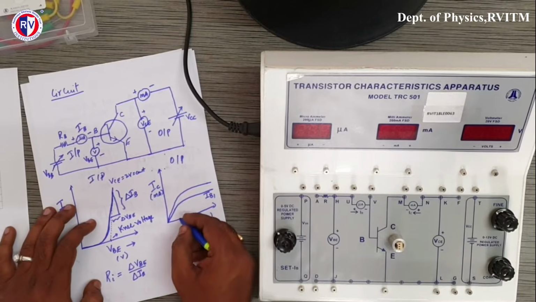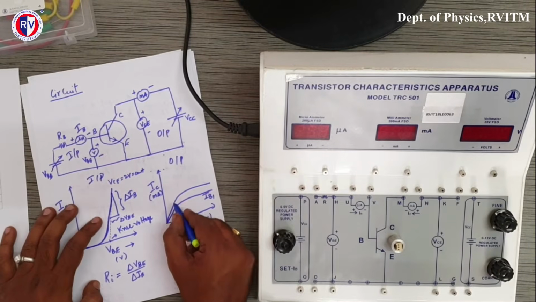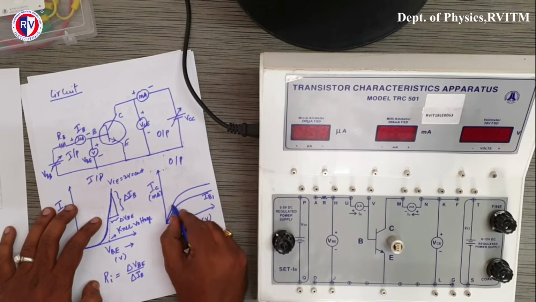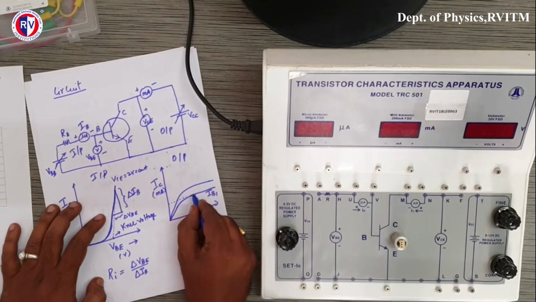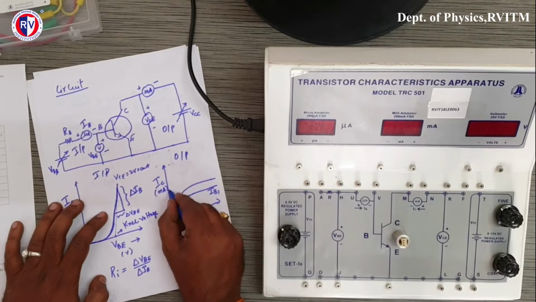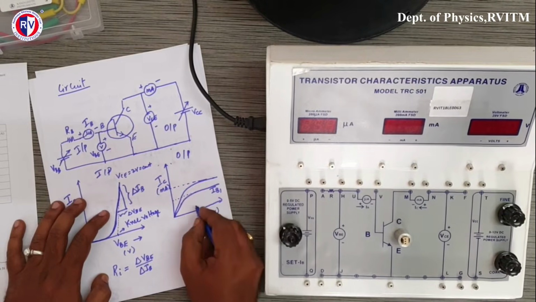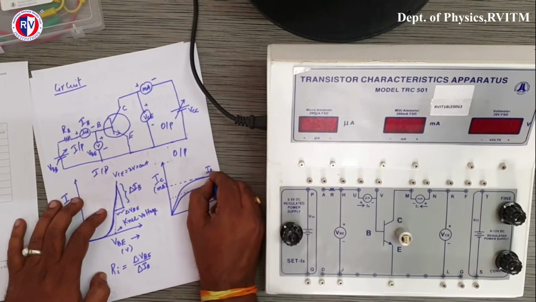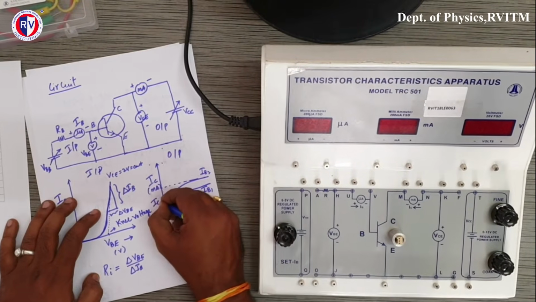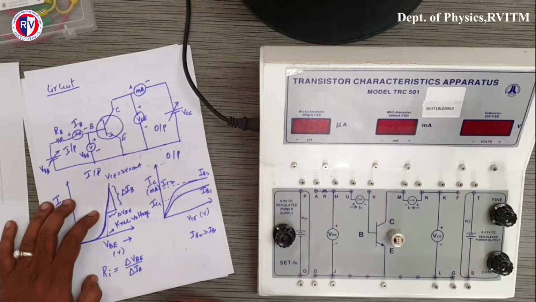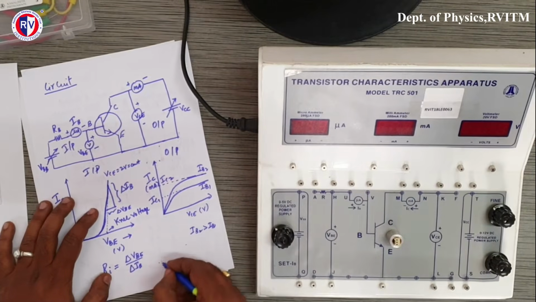Now, how do we calculate the gain? Since the curve is saturated here, we extrapolate to the y-axis for both curves. This curve is for IB2 and this is for IB1. Correspondingly we get IC1 and IC2.